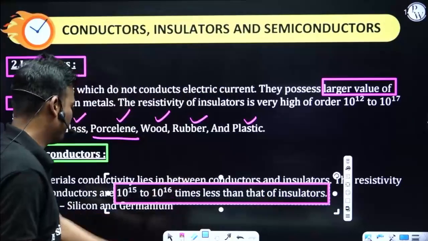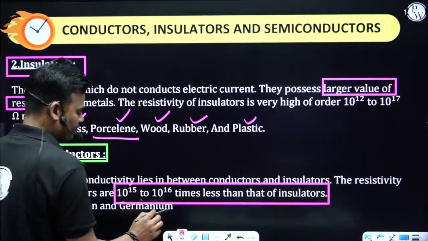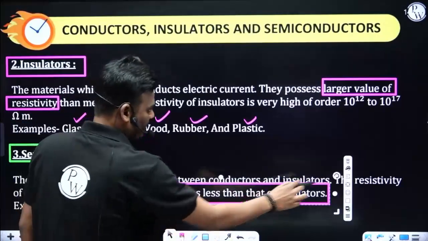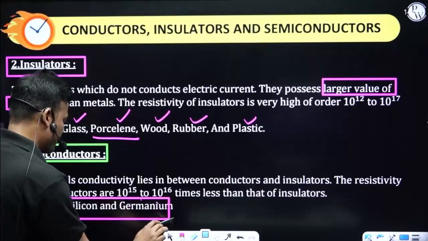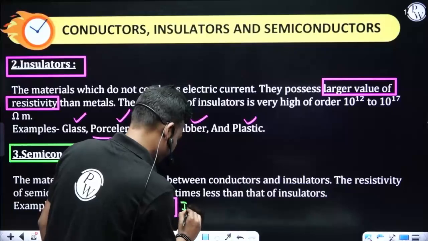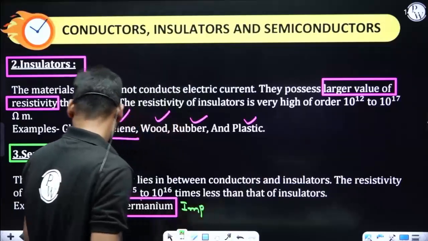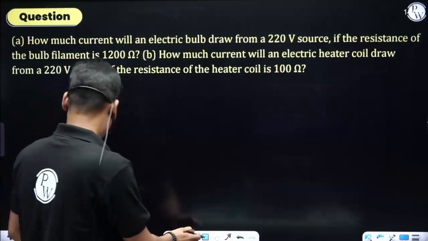Examples: silicon and germanium. Important examples for semiconductors, silicon and germanium.